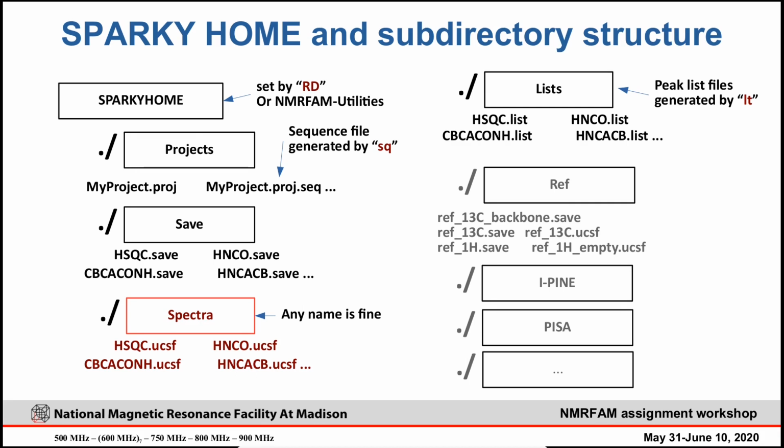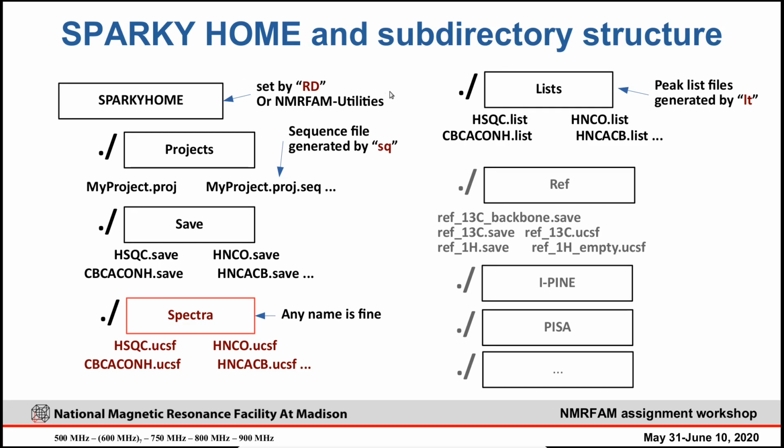You can set the working directory by the two-letter code, capital R and capital D, as you can see here. Or you can go to the menu item NMRFAM and Utilities, and you will see Set Sparky Home. It will ask you where you want to set your working directory.